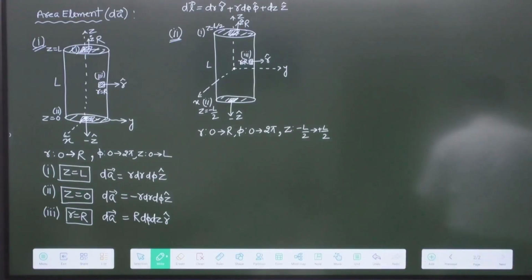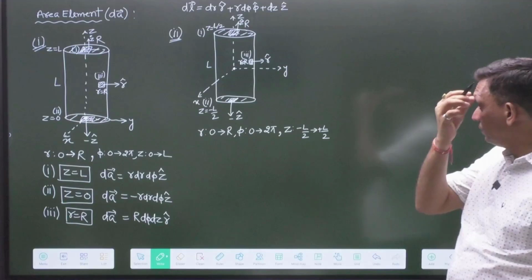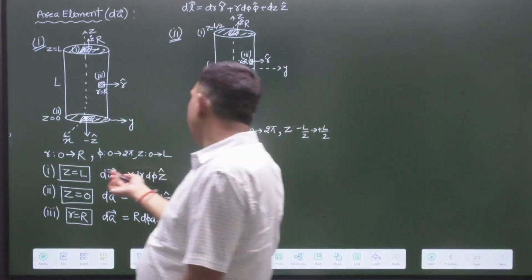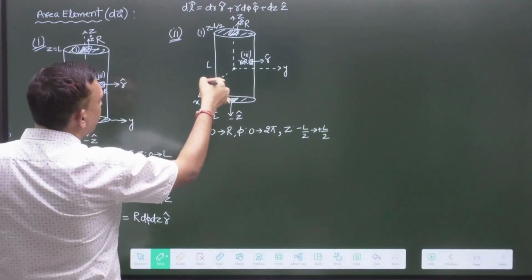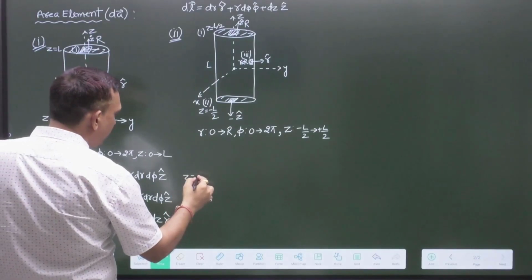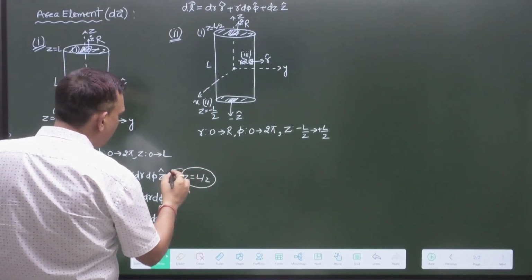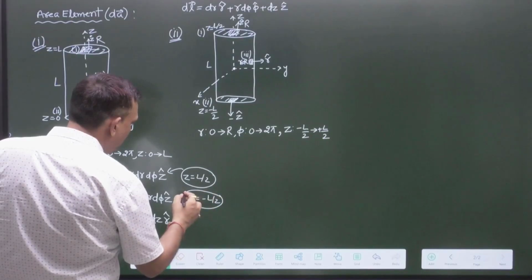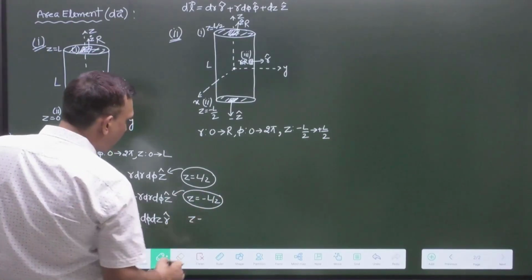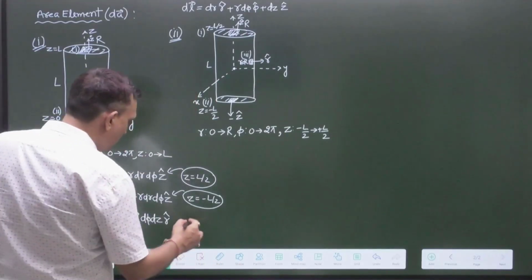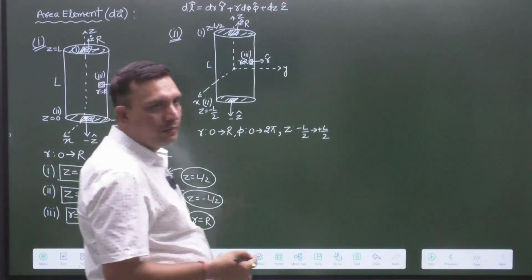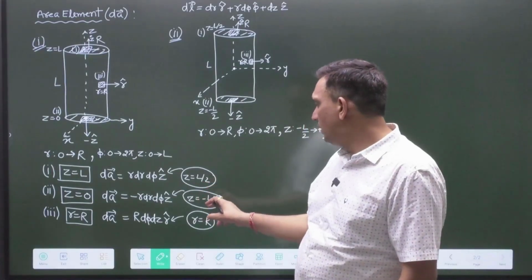So the area elements you can write the same: this is for z equal to L by 2, this is for z equal to minus L by 2, and this is for r equal to R. In this case also the area element will be the same, only the limits are L by 2 and minus L by 2.